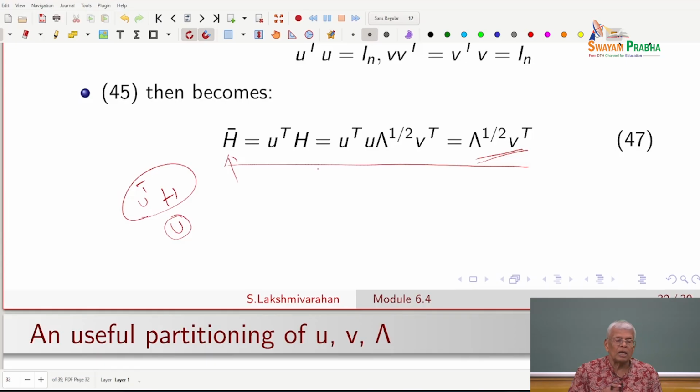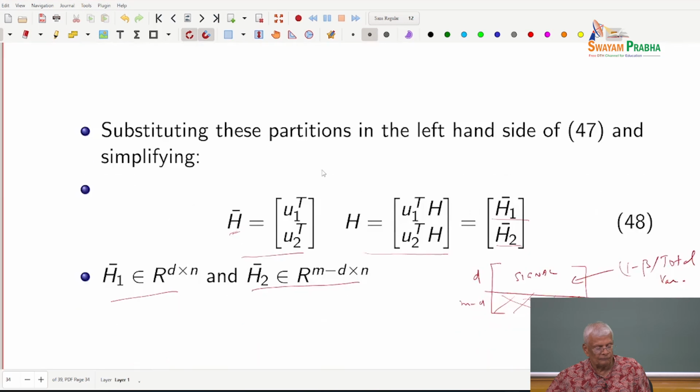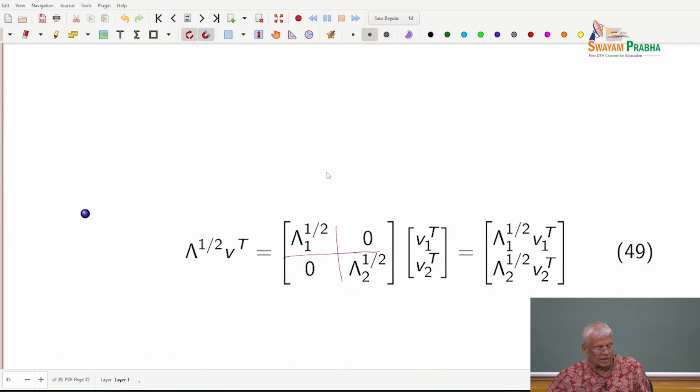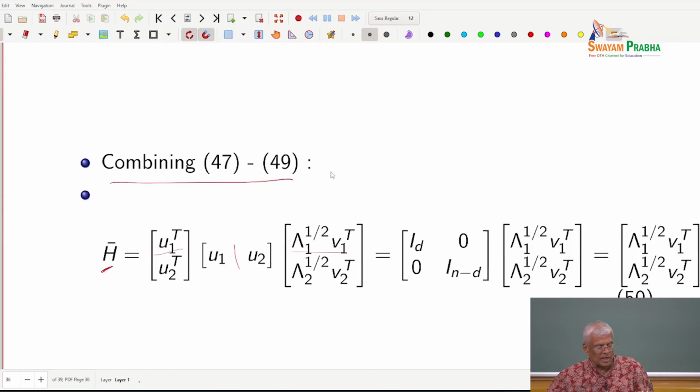H bar is simply orthogonally transformed data matrix. And that's what H bar is, orthogonally transformed H. And that can be split into two submatrices in here.